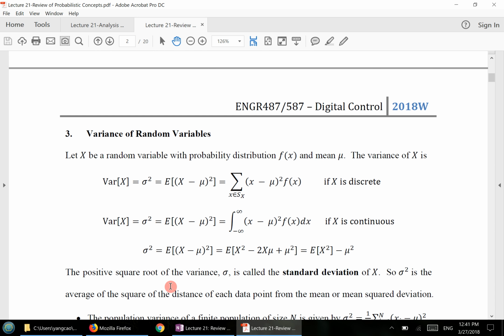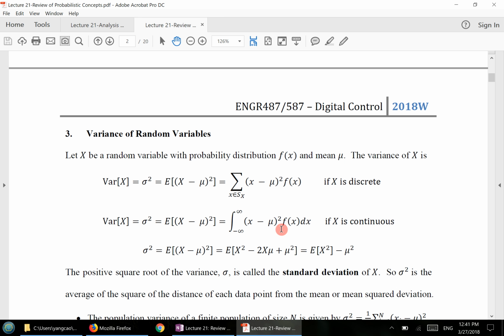The other statistic regarding a random variable is the so-called variance. Here I give you the definition of variance for discrete and also for continuous random variables. Variance is basically how dispersed the distribution of this random variable is.